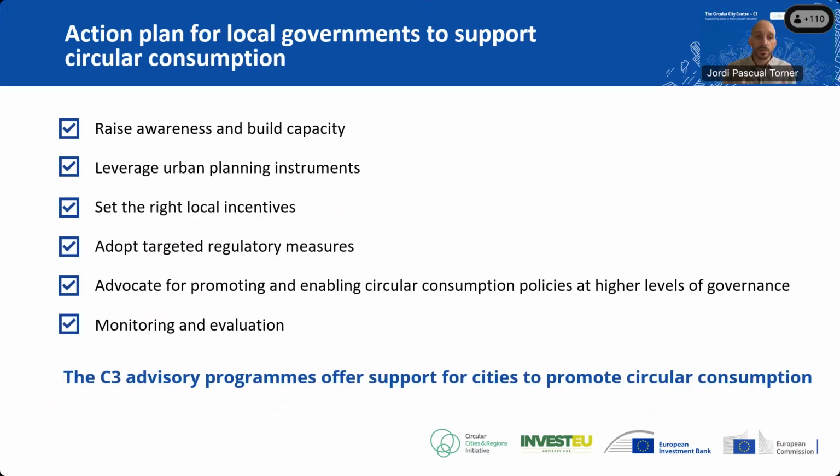So the steps that you can take: raise awareness and build capacity, leverage urban planning instruments that can really make a big systemic change in your city, set the right local incentives. Economic incentives are very important. Adopt targeted regulatory measures, advocate for promoting and enabling circular consumption policies at higher levels of governance, at the regional level, at the country level, and then monitor and evaluate the work that you're doing.